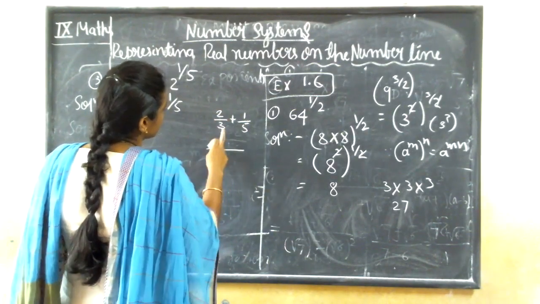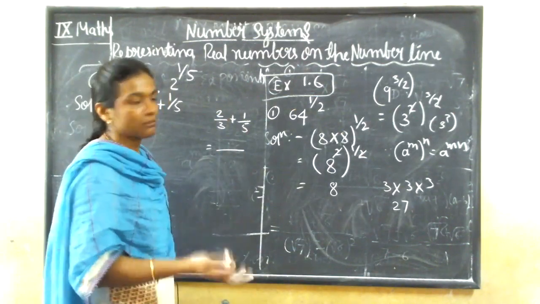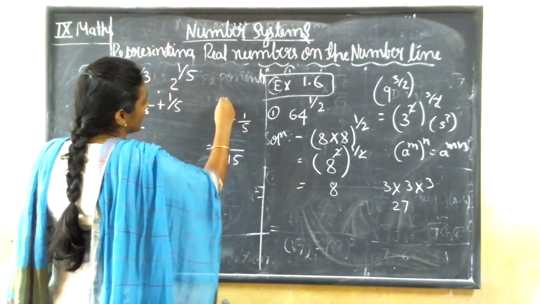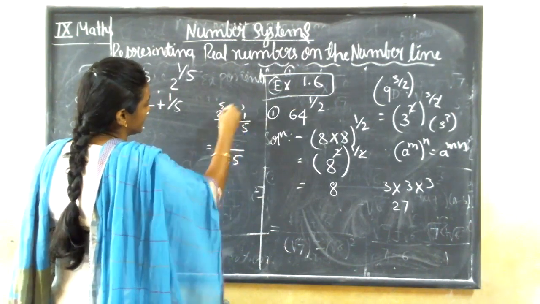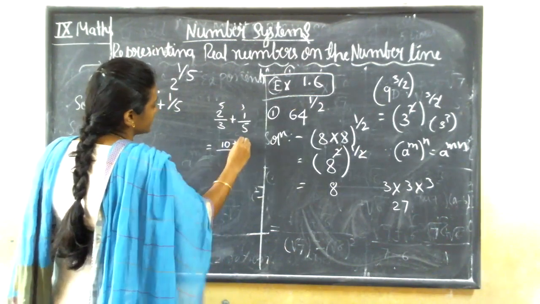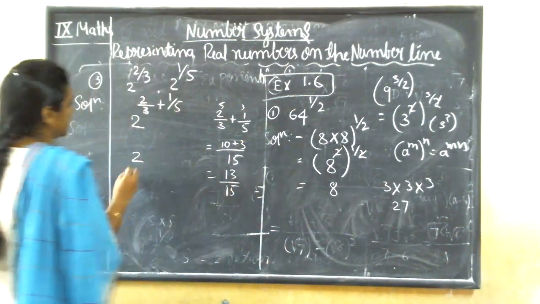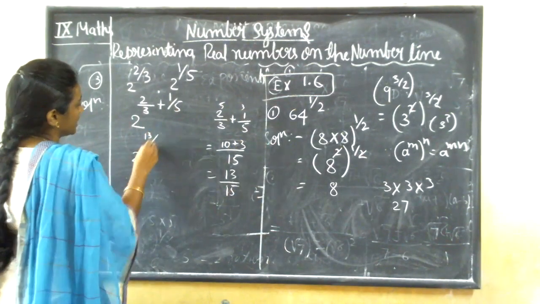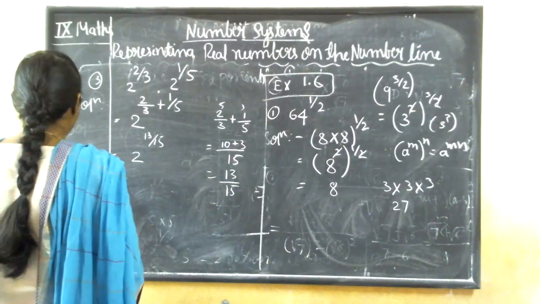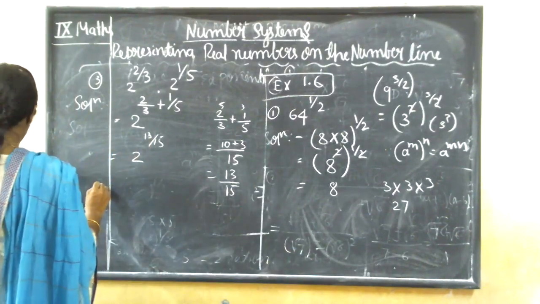The LCM is 15, as those two are prime numbers. 3 5s are 15, 5 3s are 15, 5 2s are 10, 3 1s are 3. So the answer is 13 divided by 15, so 2 raised to 13 by 15. This is our answer.